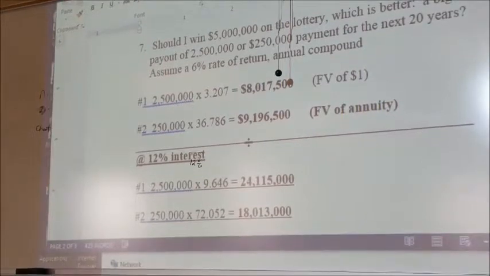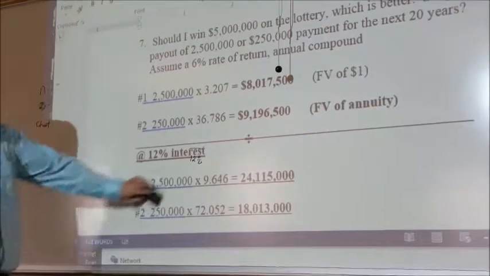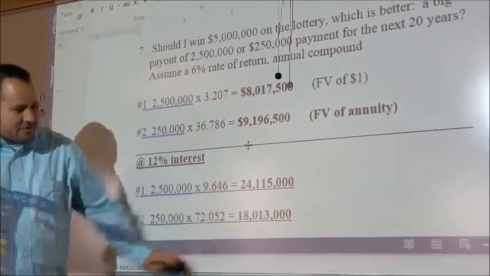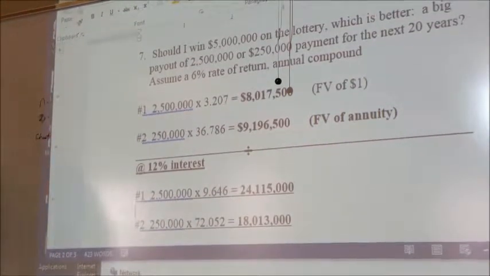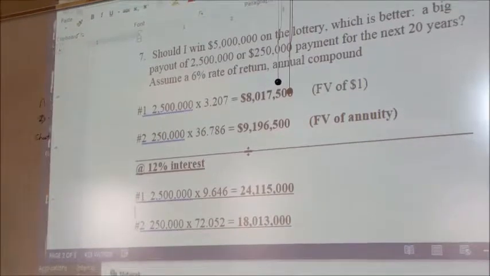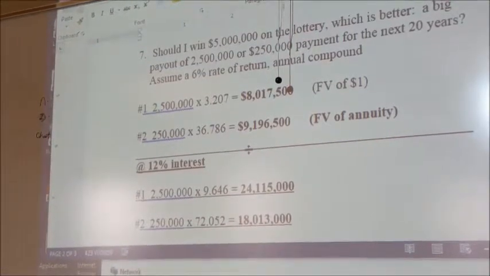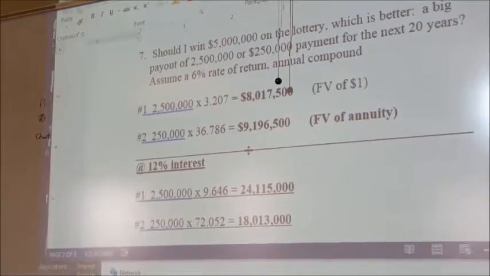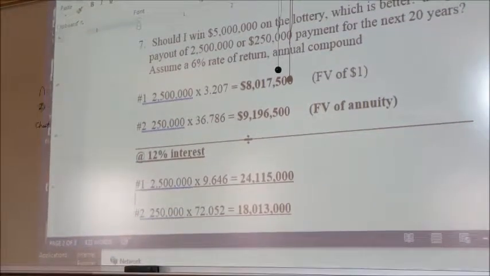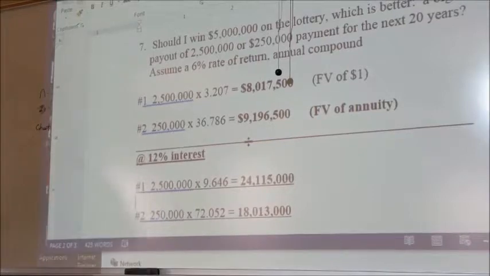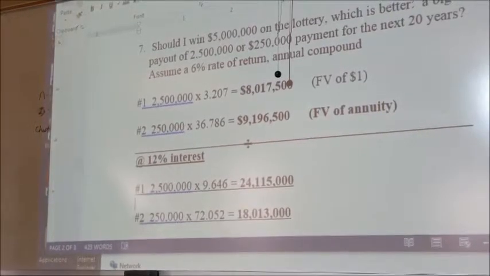At 12%, there's about a $6 million difference where the lump sum is better than taking the payments. If I just take the payments, I'm not going to do as well. So it's not always that the lump sum is the better way or the payments the better way.